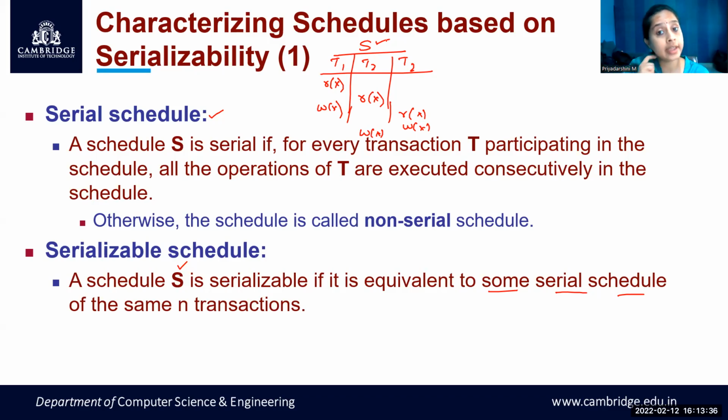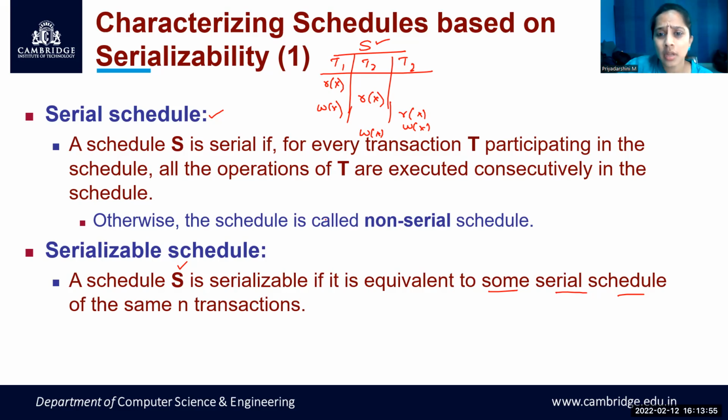Now there is only one object's output here, right? What is that object? X. When the final output of X is equivalent to some serial order, then I call it a serializable schedule.